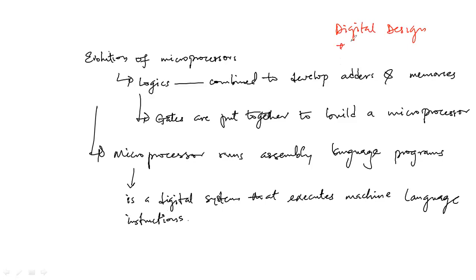That is speed and energy. So we want to design high-speed systems. And we also want to design lower energy consumption systems.